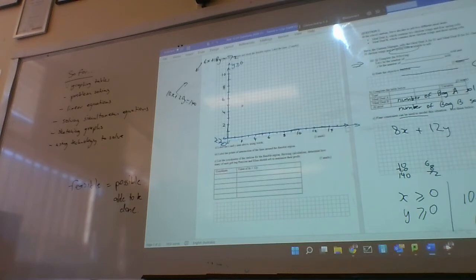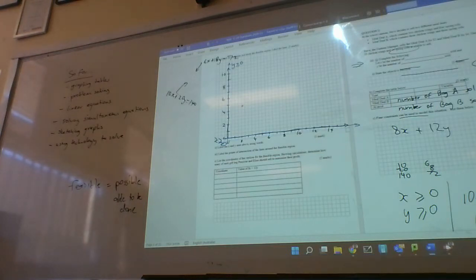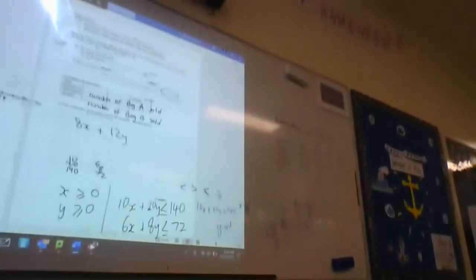So the x-intercept is 14, and for the y-intercept, you cover up the x. 20y equals 140. So y equals, divide both sides by 20, 7. So our y-intercept is 7.